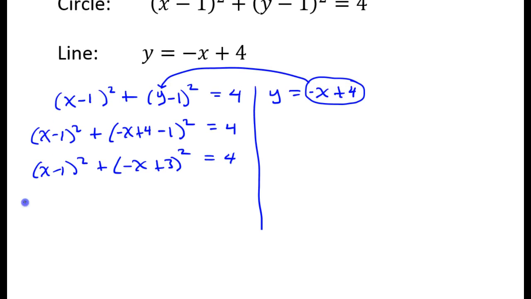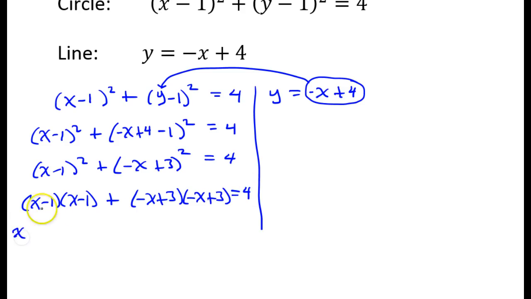I need to solve this for x, so let's go (x minus 1) times (x minus 1) plus (negative x plus 3) times (negative x plus 3) is equal to 4. If I multiply these two together, I'm going to get x squared minus 2x plus 1.